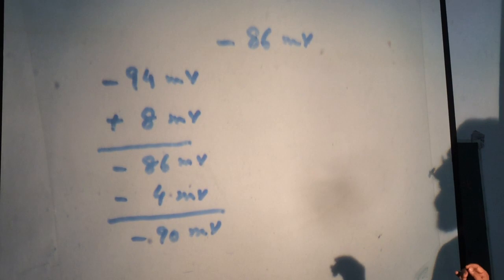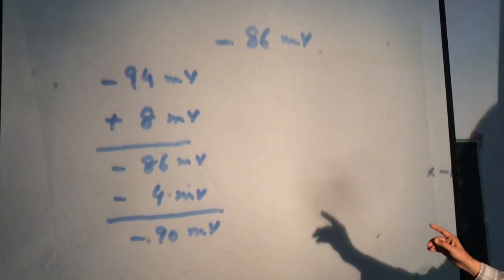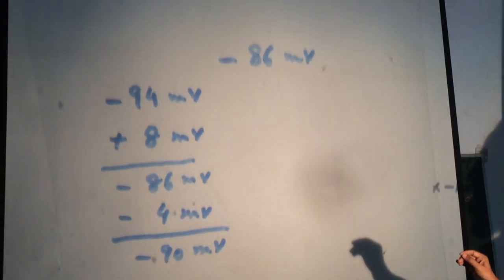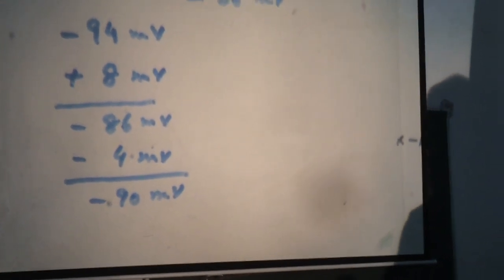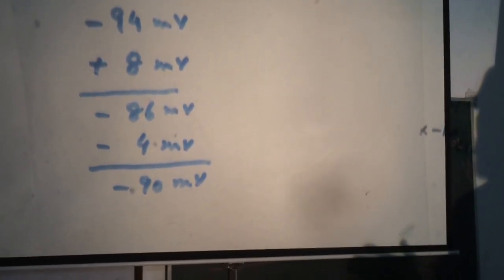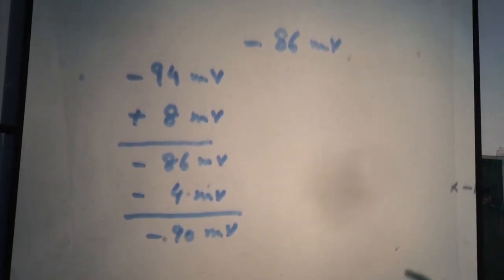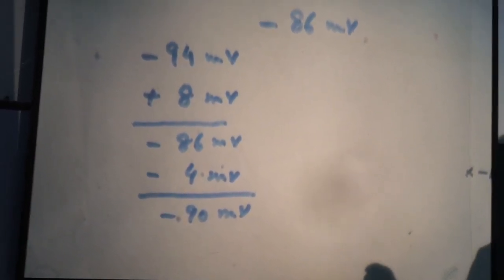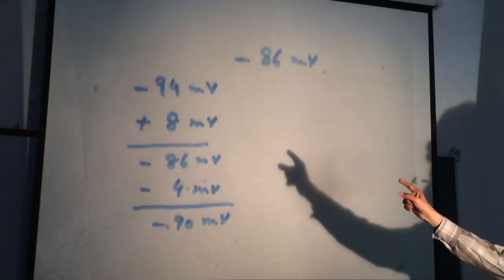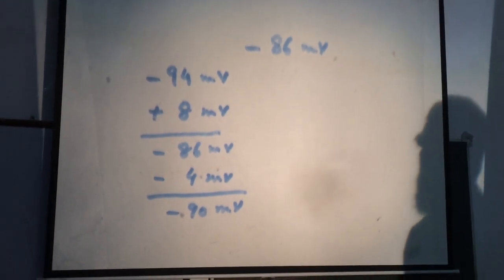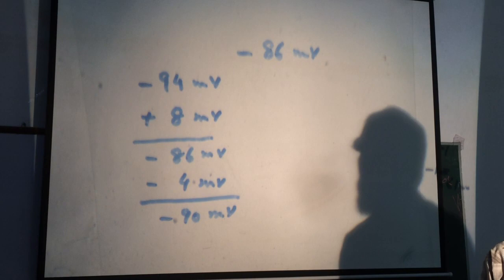The sodium potassium pump contributes just minus 4 millivolt. So it must be clear: Nernst potential for sodium plus 61 millivolt, for potassium minus 94 millivolt, and inward sodium diffusion contributes plus 8 millivolt. This was about the mechanism of the resting membrane potential.